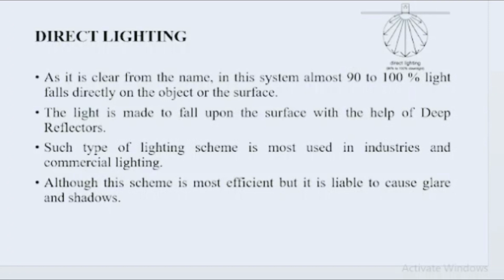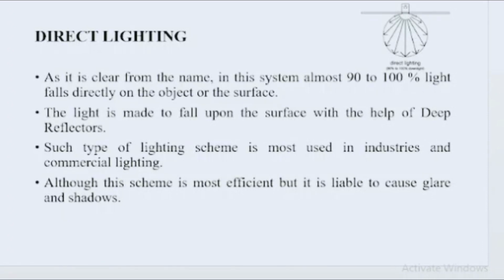So complete light falls on the surface, then it is called direct lighting. The light falls on the surface because of deep reflectors used in it.